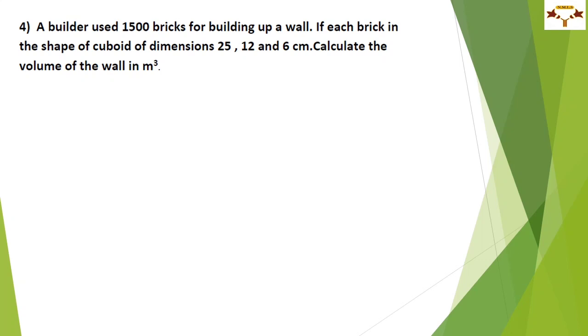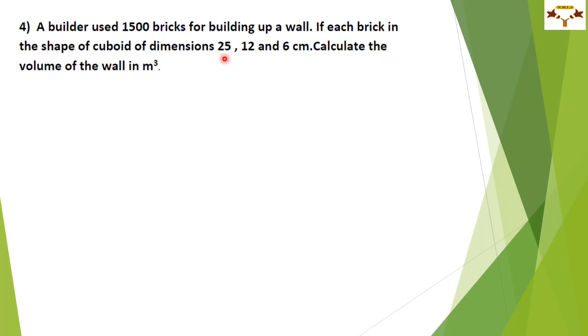Exercise number 4. A builder used 1,500 bricks for building up a wall. If each brick is in the shape of a cuboid of dimensions 25, 12 and 6 centimeter, calculate the volume of the wall in meter cube. So here I have a wall. This wall is made of 1,500 bricks.